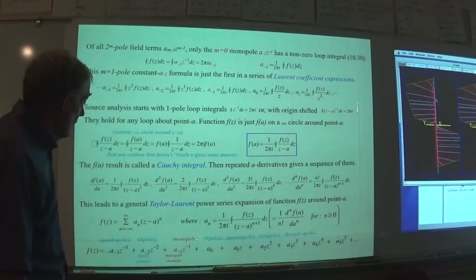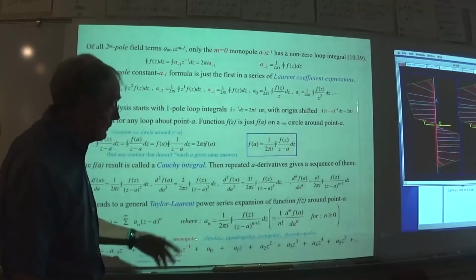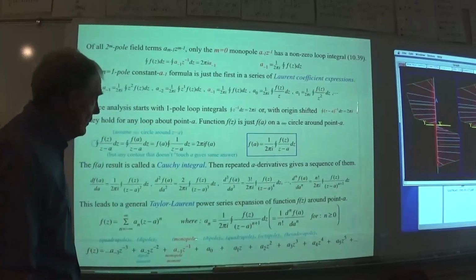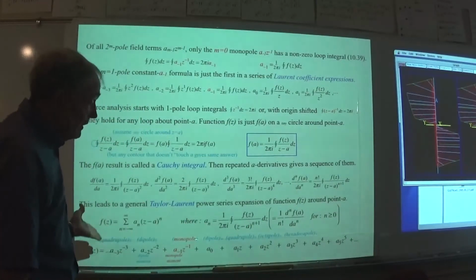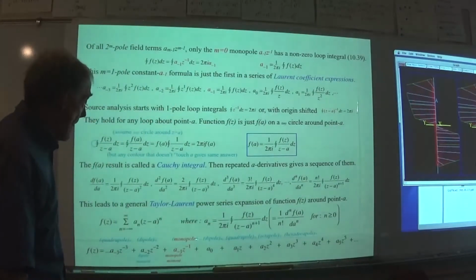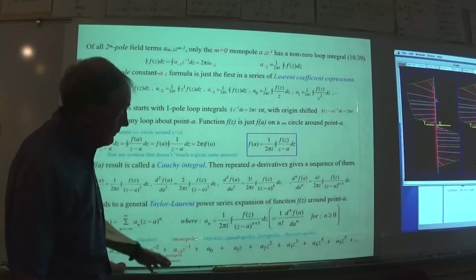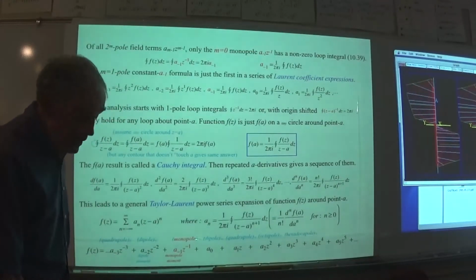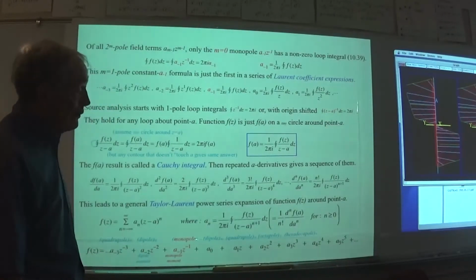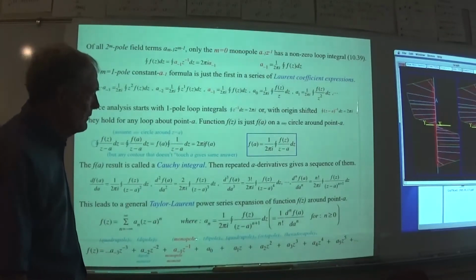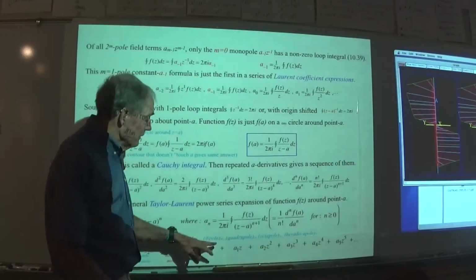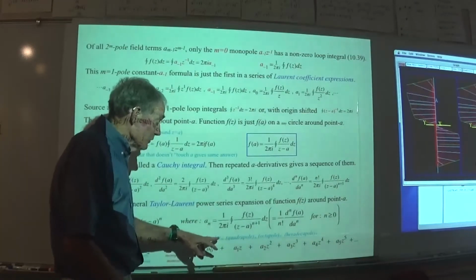And those can also be written that way. That's a particular series that you would get in general if you apply all of this to some function. So it's got negative powers, and the more negative powers you've got, the more work you have to do working with something like this, but basically that's what it's doing.